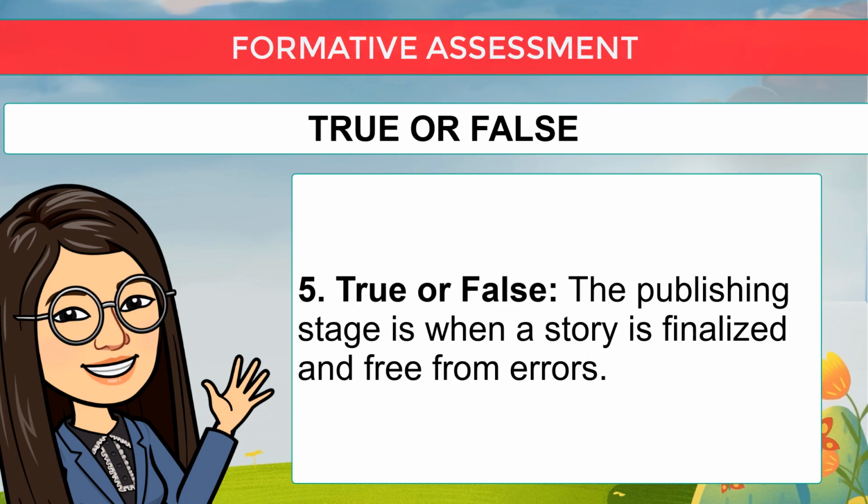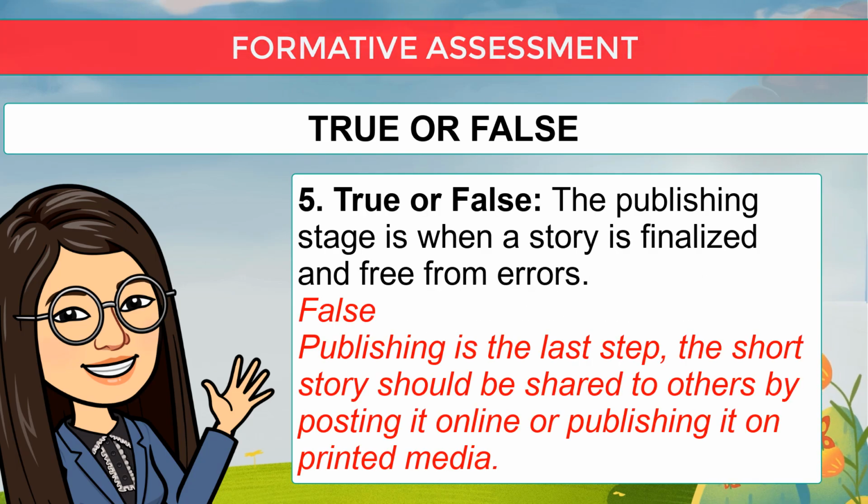True or false? The publishing stage is when a story is finalized and free from errors. Answer: false. Publishing is the last step. The short story should be shared with others by posting it online or publishing it on printed media.